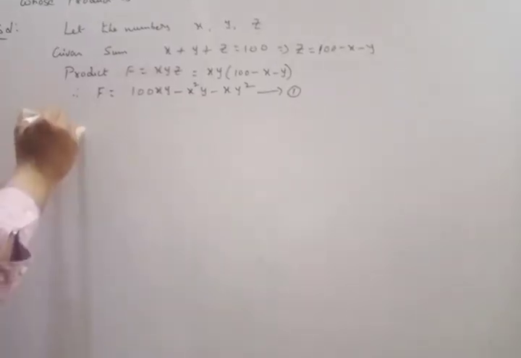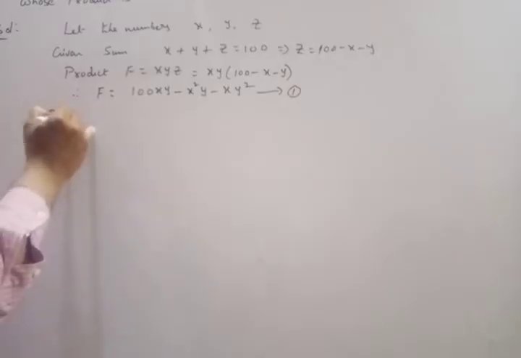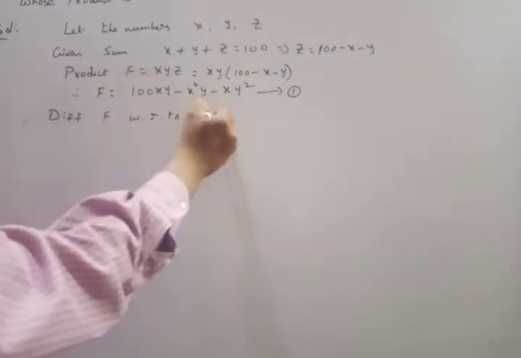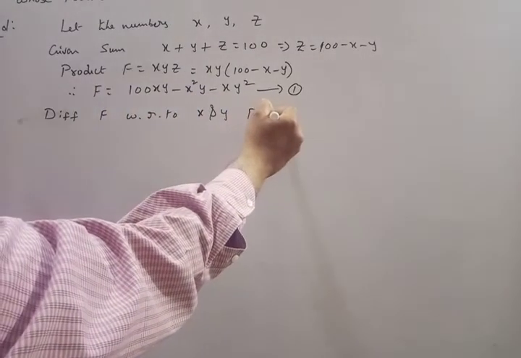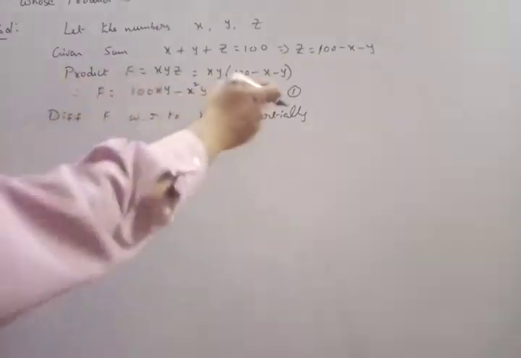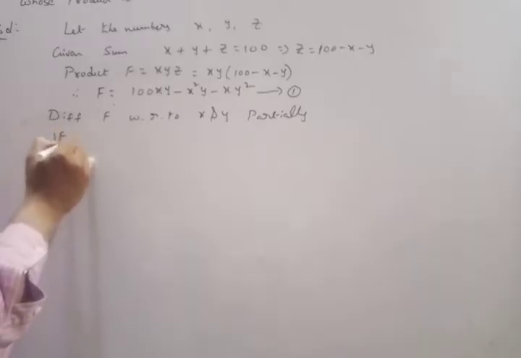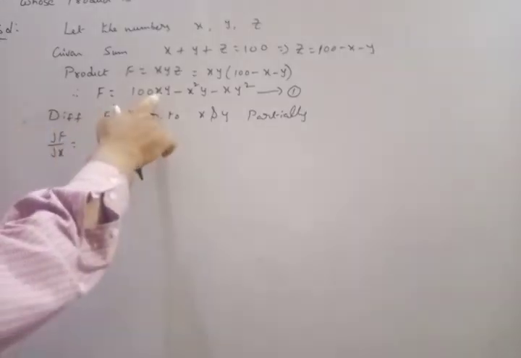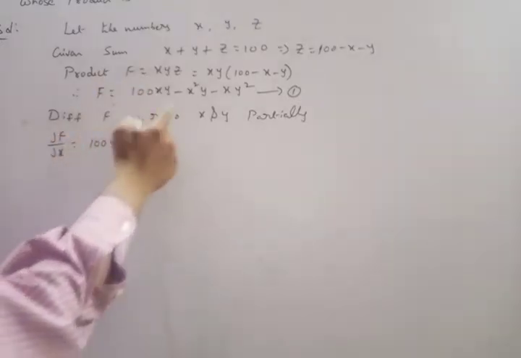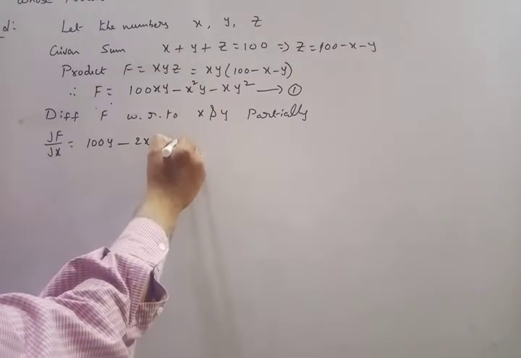Differentiate f, that is equation 1, with respect to x and y partially. Dou f by dou x: differentiating with respect to x, x is 1, I get 100y minus x square becomes 2x into y, and x is 1, y square.